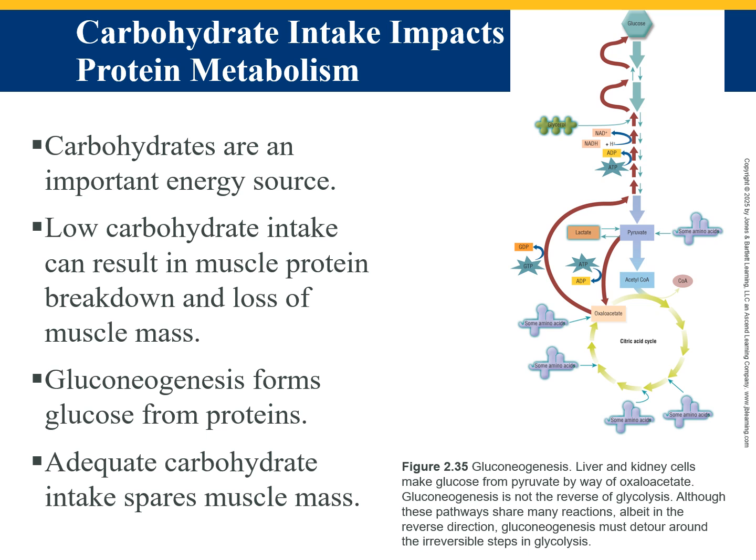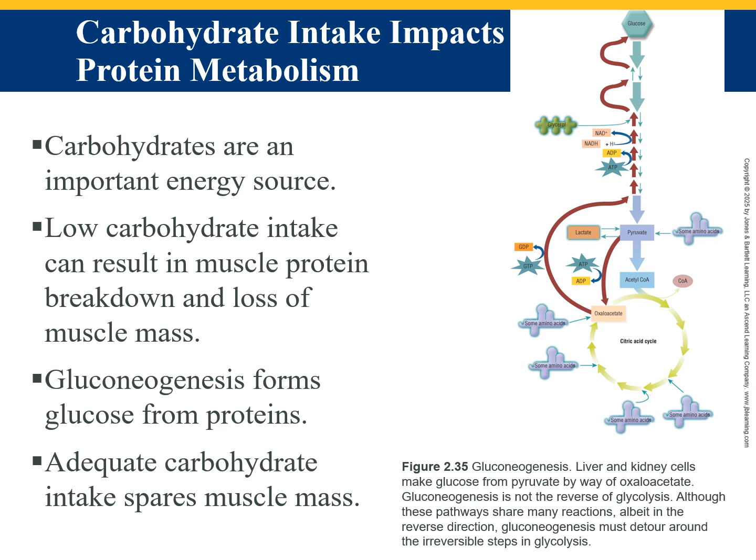Carbohydrate is an important fuel, and it impacts not only fat metabolism but also protein metabolism. And when we don't consume sufficient carbohydrate, our muscle protein breaks down and we lose muscle mass.